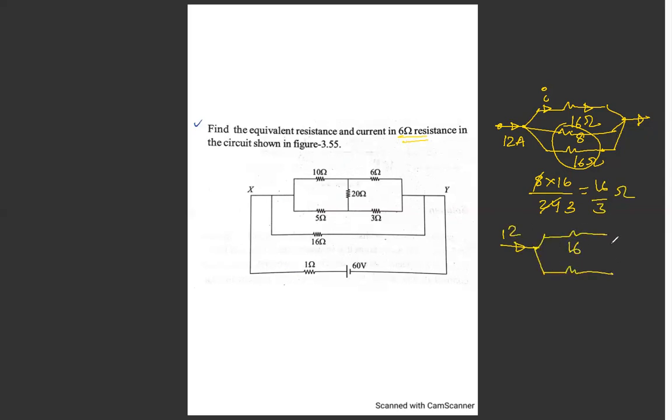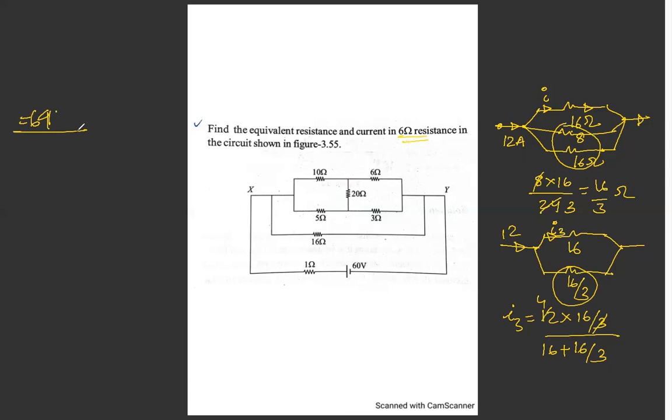So we can connect it like this: 12, 16 and 16 by 3. Let the current in this be I3. So I can write I3 is equal to total current into the one which is in parallel with it, that is 16 by 3 divided by 16 plus 16 by 3. So finally we are going to get 4 into 3 and 4, that is 64, right?